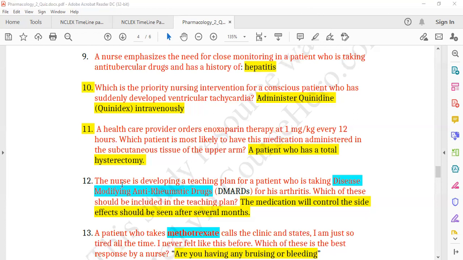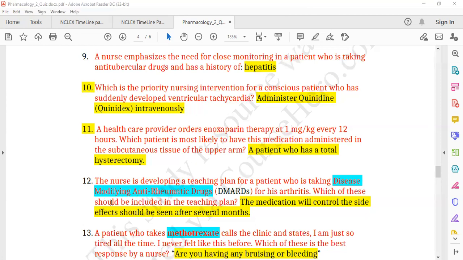Question number 12, a nurse is developing a teaching plan for a patient who is taking disease modifying anti-rheumatic drugs. For his arthritis, the doctor prescribed disease modifying anti-rheumatic drugs.